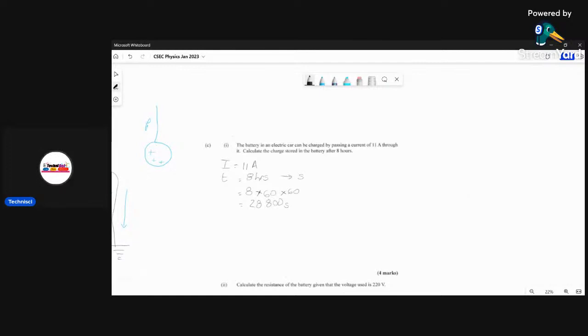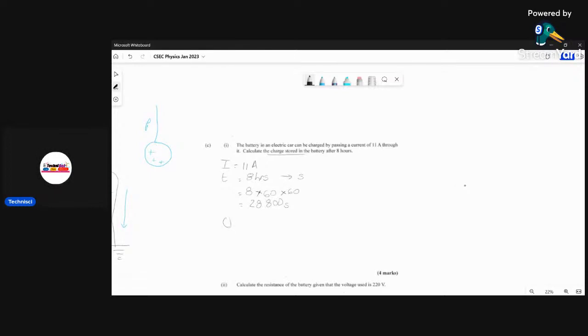So now what's the equation that we need to use? They asked for charge. They gave us current and time. What's the formula? Awesome, Janelle. Got the same one. Q equals IT.